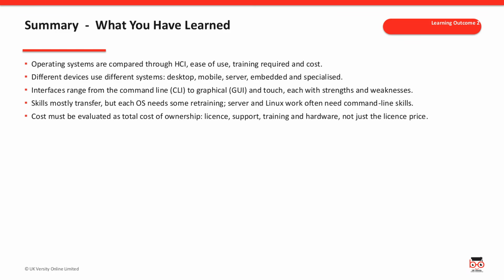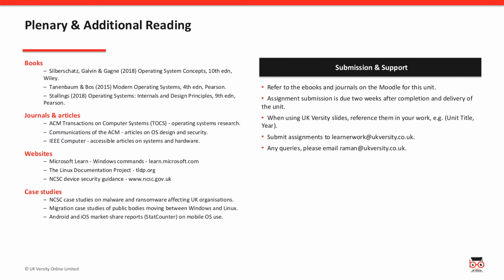Skills mostly transfer, but every OS needs a little retraining, and cost is best judged as total cost of ownership, license, support, training, and hardware combined, rather than the license price alone. So that's how we weigh one operating system against another, not by picking a favorite, but by matching the system to the people, the device, and the budget.